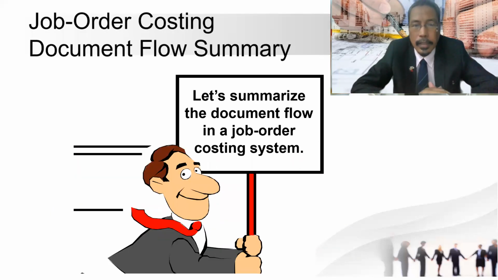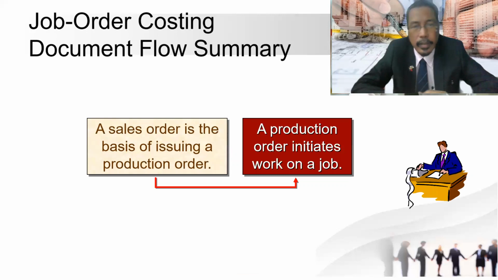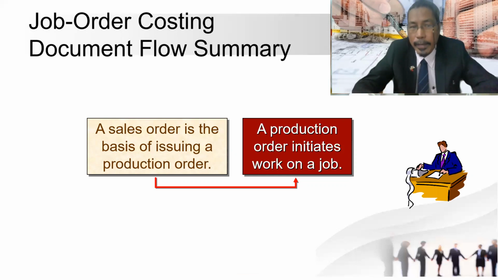So let us summarize the document flow in a job order posting system. Summary. First, a sale order is the basis of issuing production order or the job order. Then after which a production order initiates work on the job. So it will trigger this to happen.